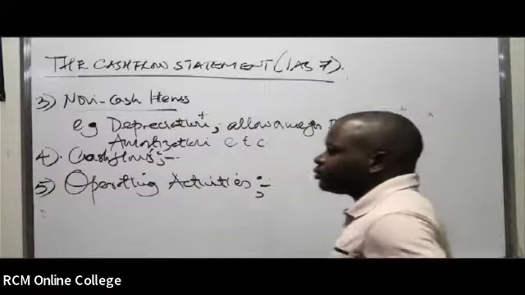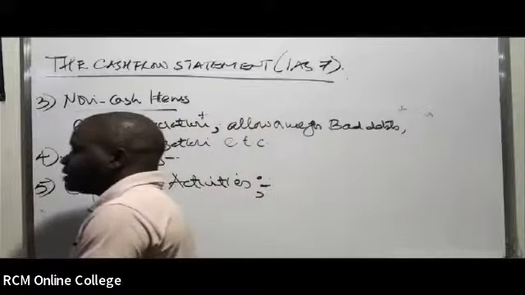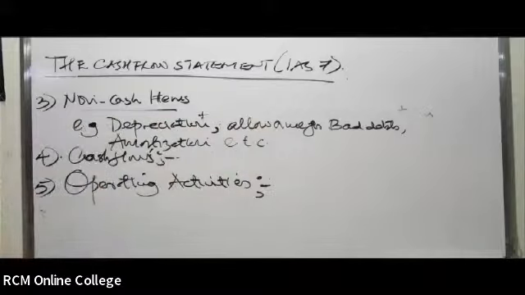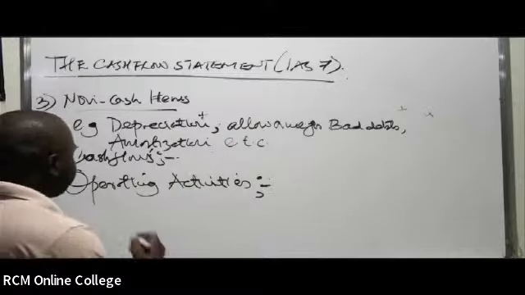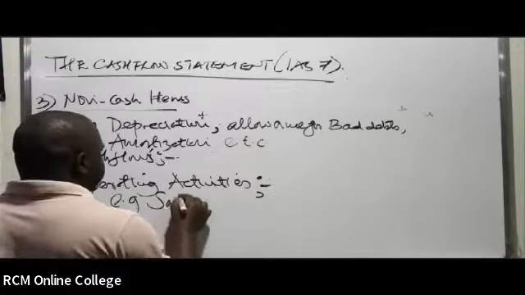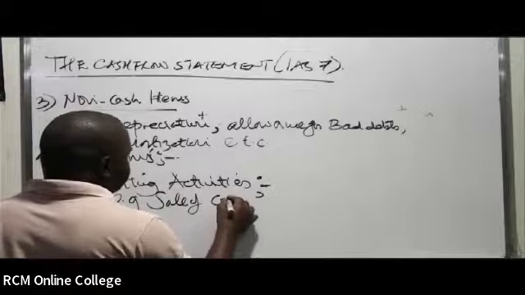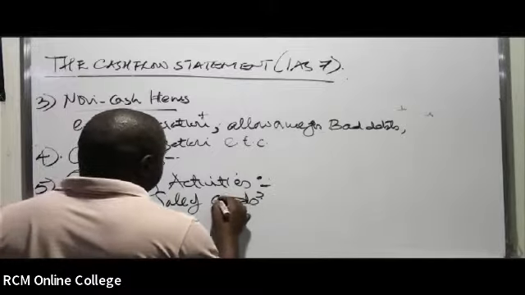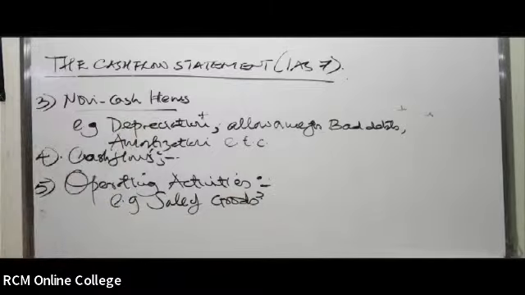Those activities undertaken to get revenue. So basically we're talking about items in the income statement. You can give an example, e.g., sale of goods, selling of goods.